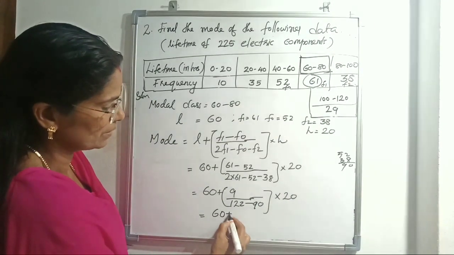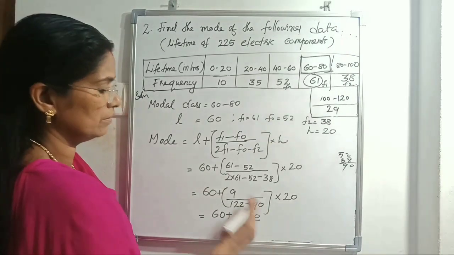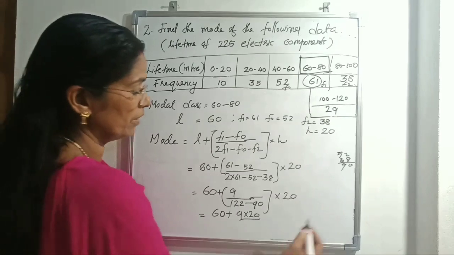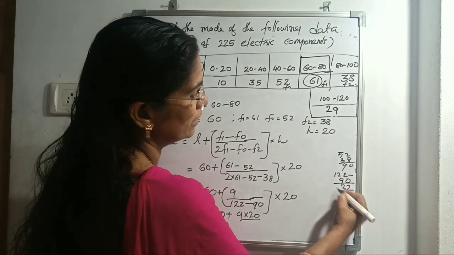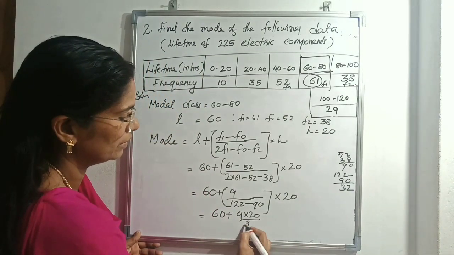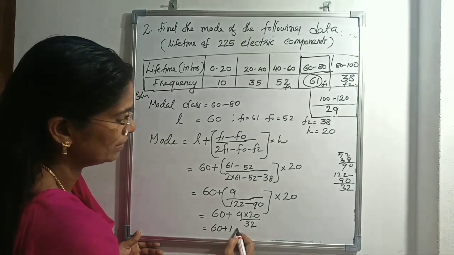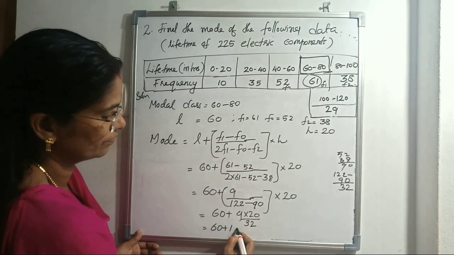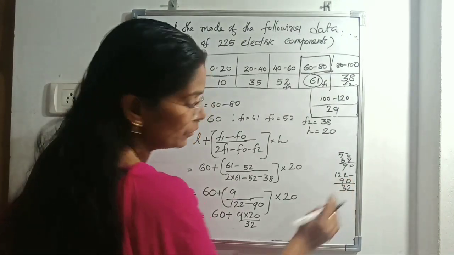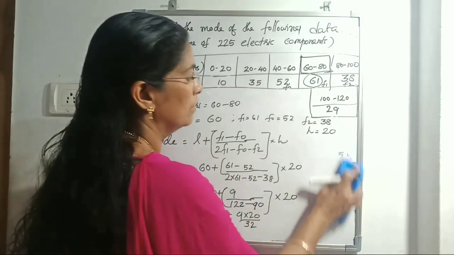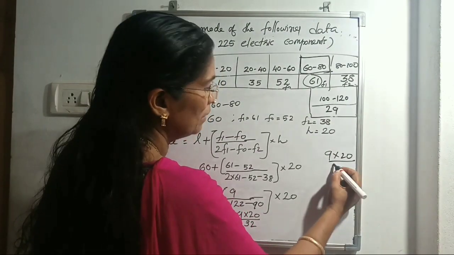That is 60 plus 9 into 20 we can do first. After that you can subtract 122 minus 90, that is 32. That is 60 plus 180 divided by 32. Better, from here itself we can cancel to the lowest form, that is easy. 9 into 20 divided by 32.